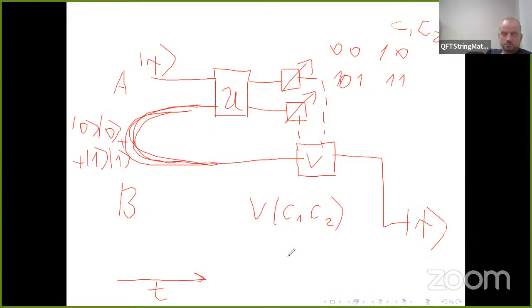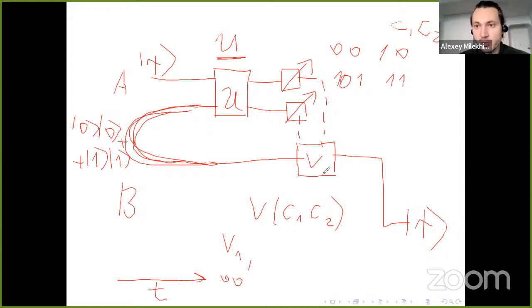The unitary transformation V depends on how many parameters? It depends on the two bits, so there are 4 possible V. V acts on 1 qubit, so it is a 2 by 2 matrix, but you actually have 4 matrices.